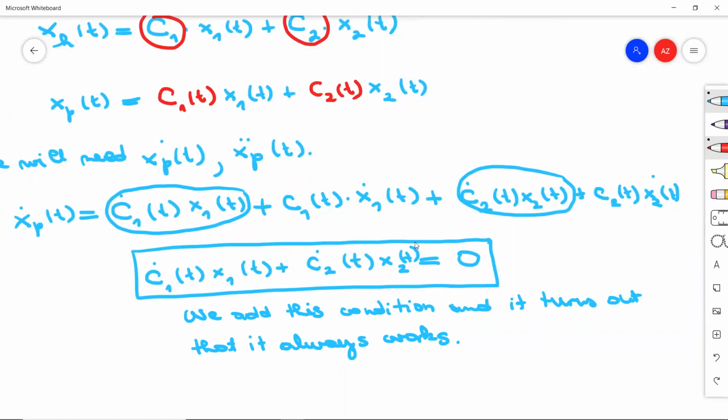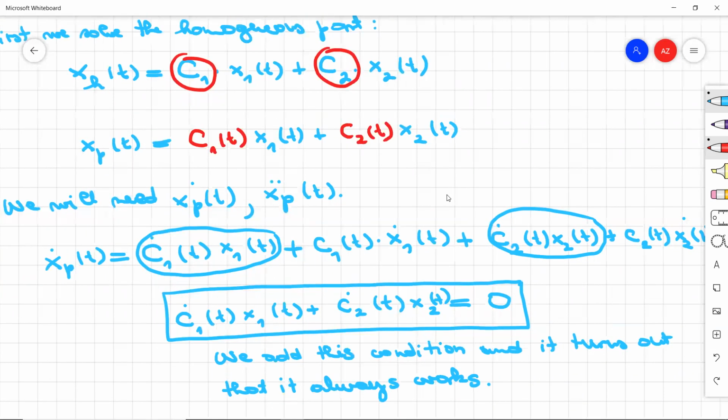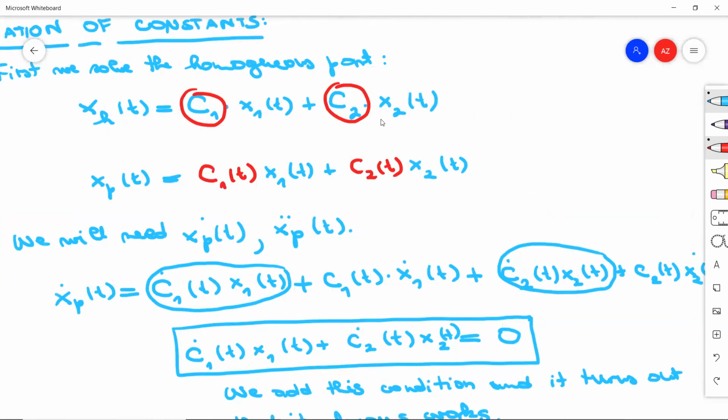For now, we haven't used our specific differential equation yet. We could continue with this calculation in general, and we would see that C1 and C2 can be explicitly determined. But let's focus now on the specific equation.